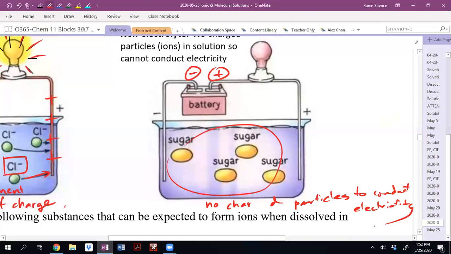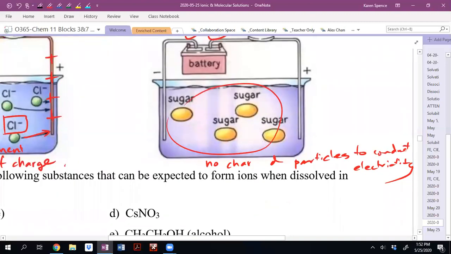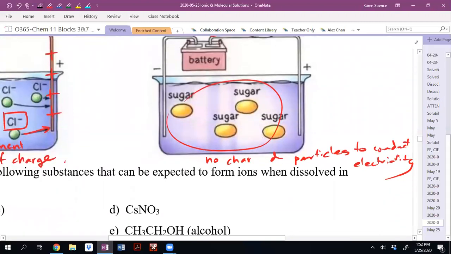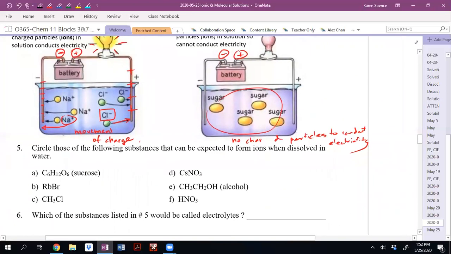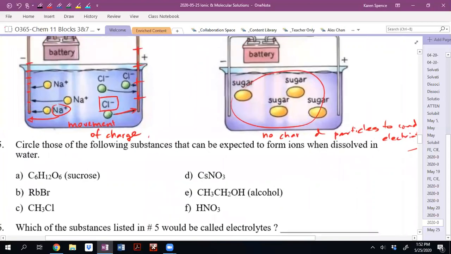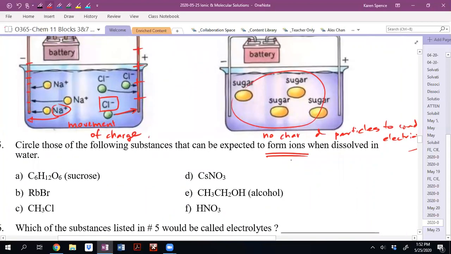I'm trying to do this really fast so I can get you out of here because I know it's been a long, long lesson. So what you're going to do is circle the compounds that can be expected to form ions, in other words, dissociate. And who dissociates? That would be your ionic compounds and acids.